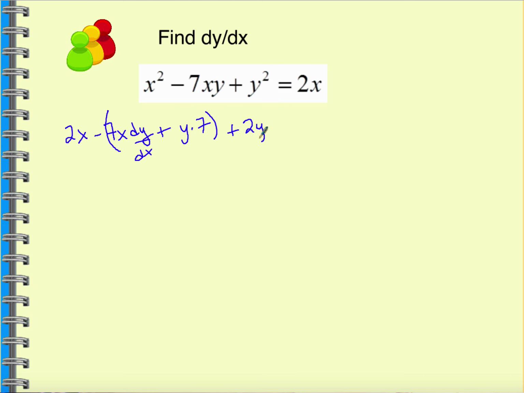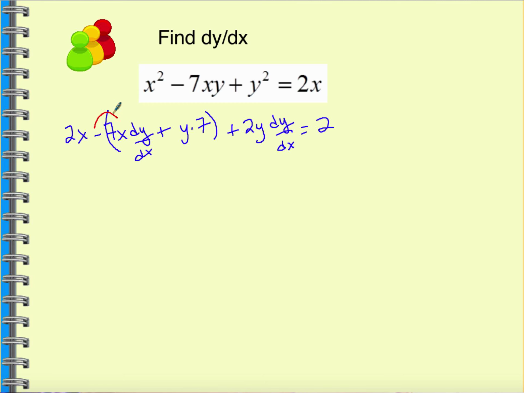Plus 2y dy dx is equal to 2. Okay, so don't forget, even with the 2y, I have to multiply by the dy dx because it's a chain rule. The function inside is a y, and the derivative of y is dy dx. All right, so little distribution.